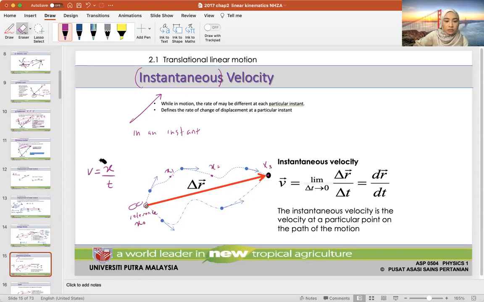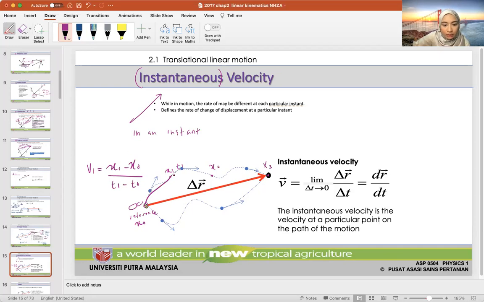So let's say the reference point is x0. Okay. So kita ada instantaneous velocity. V1 is x1 minus x0 over time T1 minus T0. This is the time yang semut tu berhenti sekejap. So this is the instantaneous velocity from here to here.